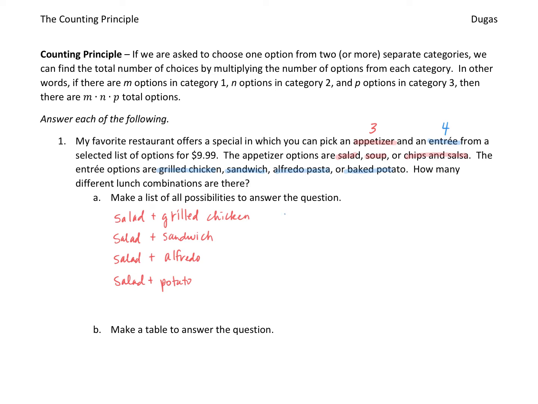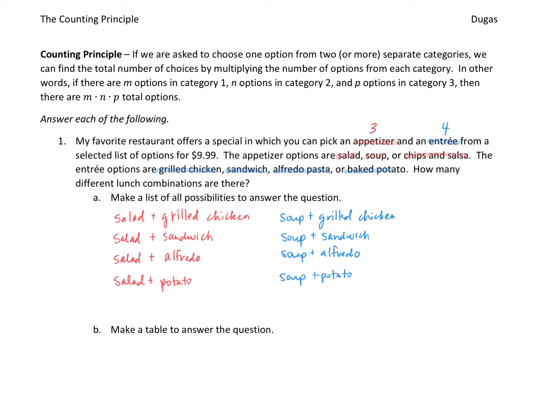Then you could choose soup. So the soup you can have with each of the entrees. So you could have soup with grilled chicken, soup with a sandwich. You could have soup with Alfredo pasta, or you can have soup with a potato.